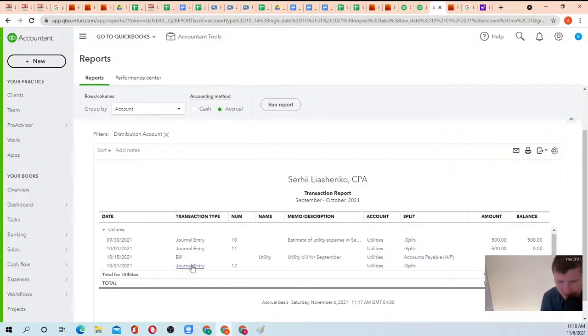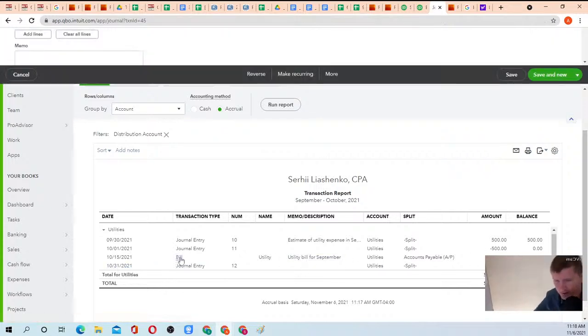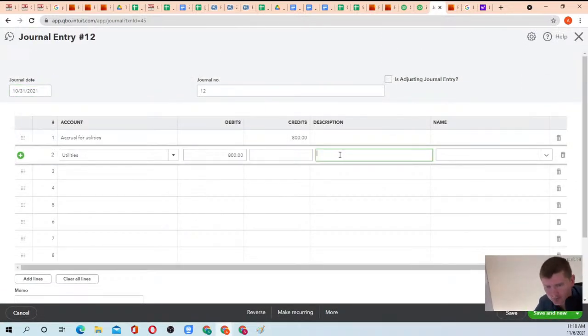Then we enter an expense for the actual September bill. And then at the end of October, that should have been October 31st, we make another accrual, our estimate. Estimate for October utilities.